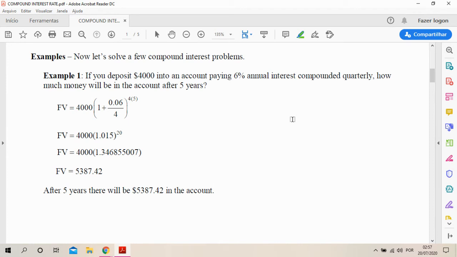Then we put on the formula $4,000, 1 plus 0.06 divided by 4, raised to the power of 4 times 5, which is going to be equal to 4,000 times 1.015 raised to the power of 20, and the final result is $5,387.42.